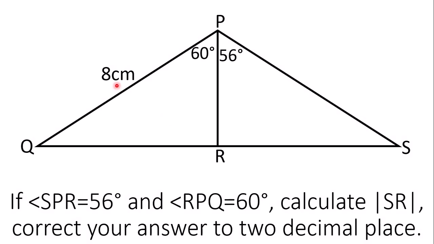Since we have 8 centimeters here and the whole of this angle here, it does not suit the rule properly. So either we find another side or we calculate another angle, but I prefer we calculate another angle because that is easier than calculating a side.